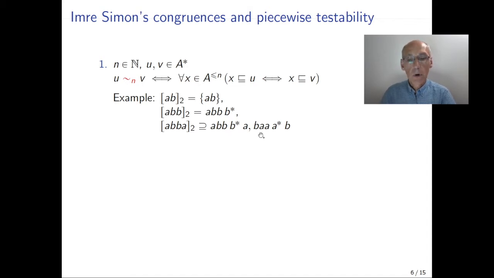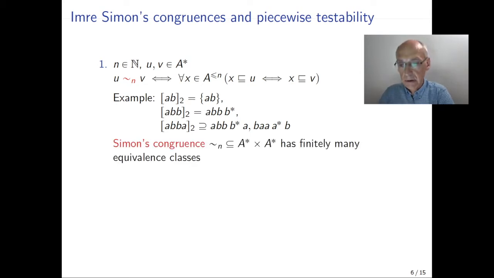But also all the words of the form B, A squared, and then arbitrarily many A's and another B are equivalent with A B squared A, since they contain all words of length at most 2 as subwords. Three examples of equivalence classes.